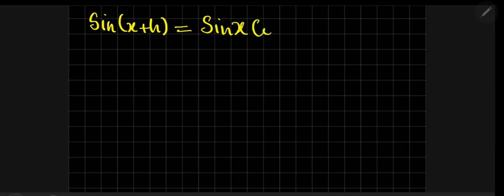When you have sine of x plus h, this is the same as sine of x multiplied by the cosine of h plus sine of h multiplied by the cosine of x. That's the first identity, for sine.